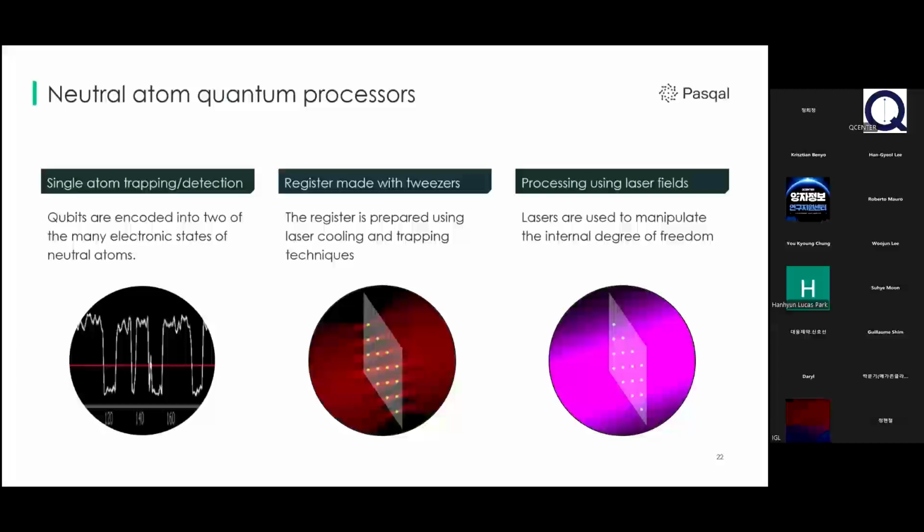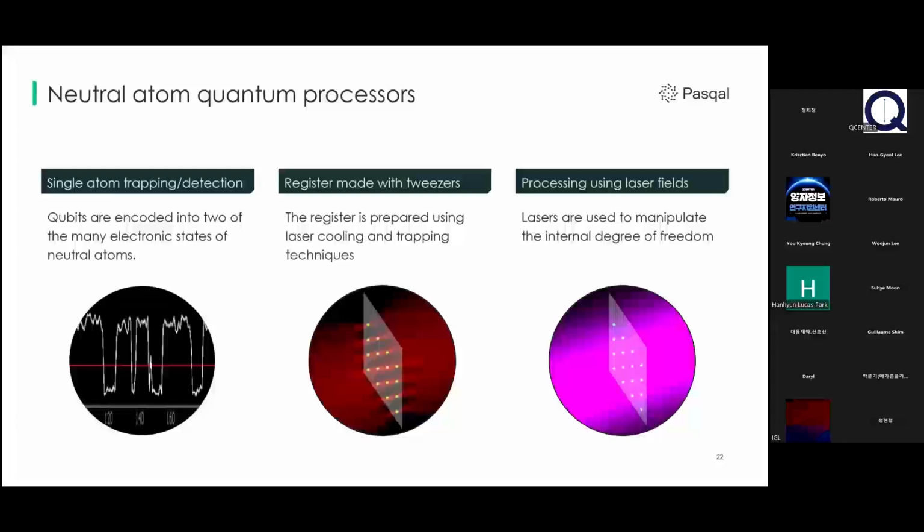How is it carried out? It is carried out by an optical setup. The devices themselves are optical installations that use various lasers to carry out different components of the computation. Lasers are used to create the architecture, the layout of it, to have the atoms at specific spatial positions.